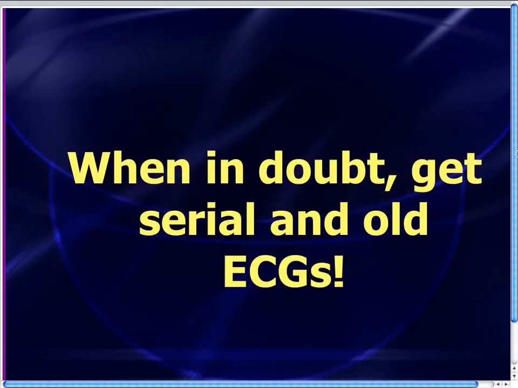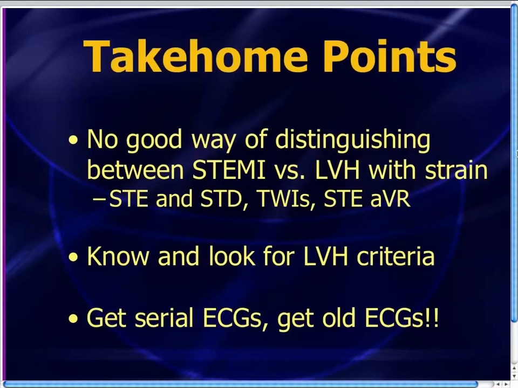All right. When in doubt, the other thing to do, get serial EKGs and get old EKGs. Take a look and see whether this patient has in the past had a strain pattern. And if you don't have old EKGs, you can do serial EKGs and see if anything's evolving, which would point towards true cardiac ischemia. All right. So again, this is a tough call, LVH versus true cardiac ischemia.